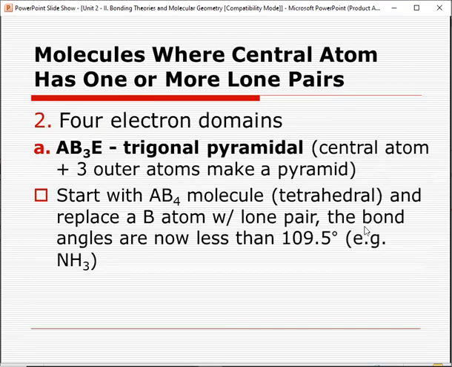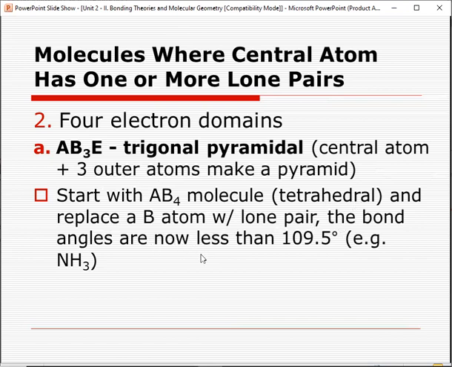Next is for the 4 electron domains, first is the trigonal pyramidal. So naa siya tulo ka outer atoms and isa ka buok nga lone pair. So the central atom plus 3 outer atoms make a pyramid. So start with AB4 or tetrahedral and replace a B atom with lone pair.